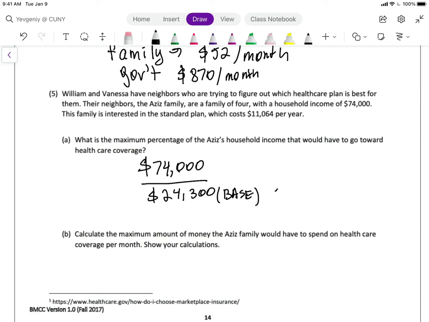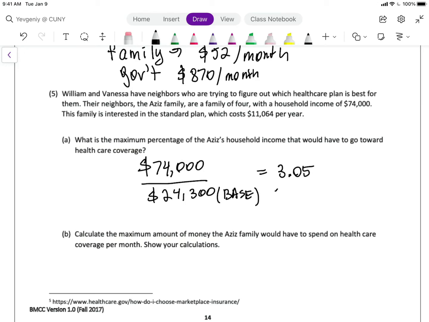We're going to grab our calculator and divide 74,000 by 24,300. Notice that fraction is not proper, so we're getting a number more than 1. It's 3.05 if we round to the nearest hundredth place.